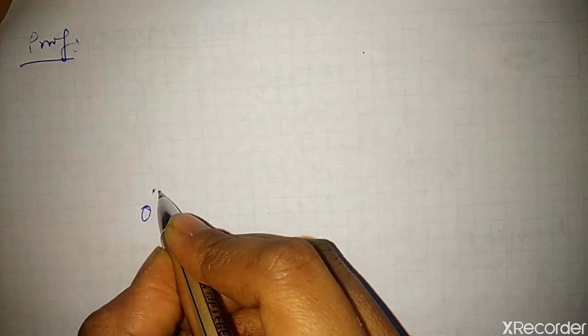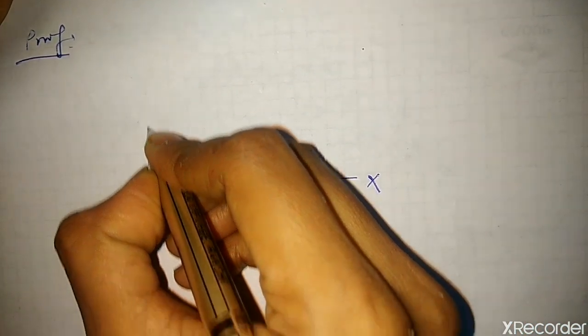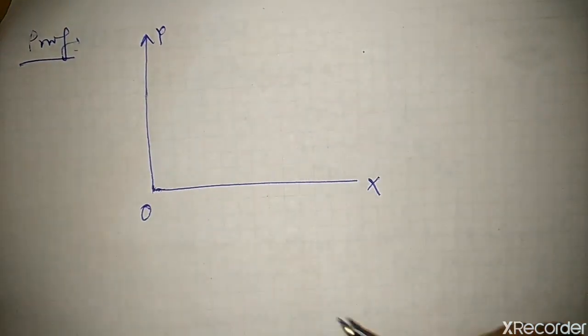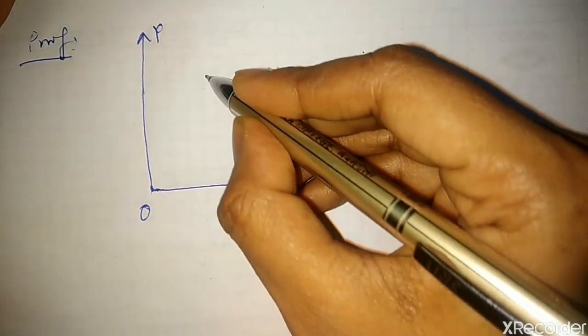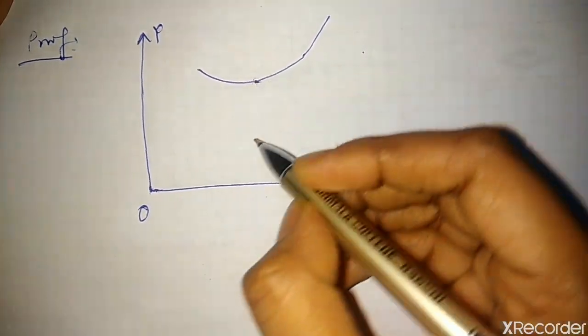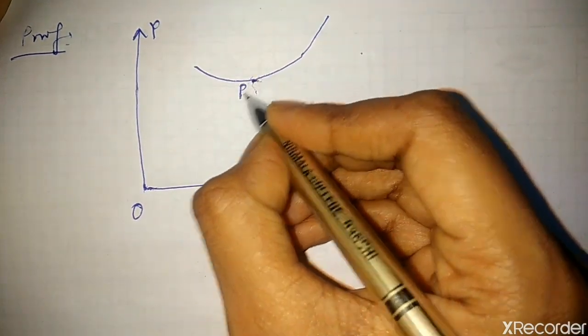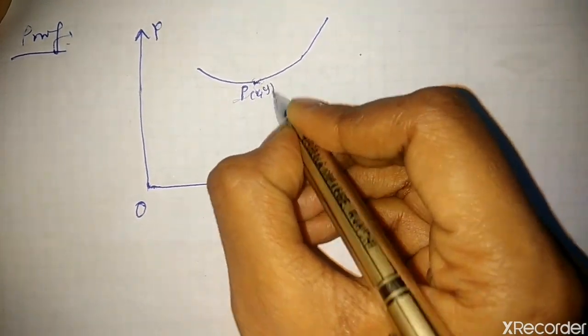Now to prove the theorem and find the area in Cartesian coordinates, let us first draw a figure. Let O be the origin, OX be the x-axis, OY be the y-axis. Let CD be a curve. Let a point P be on the curve with coordinates x and y.